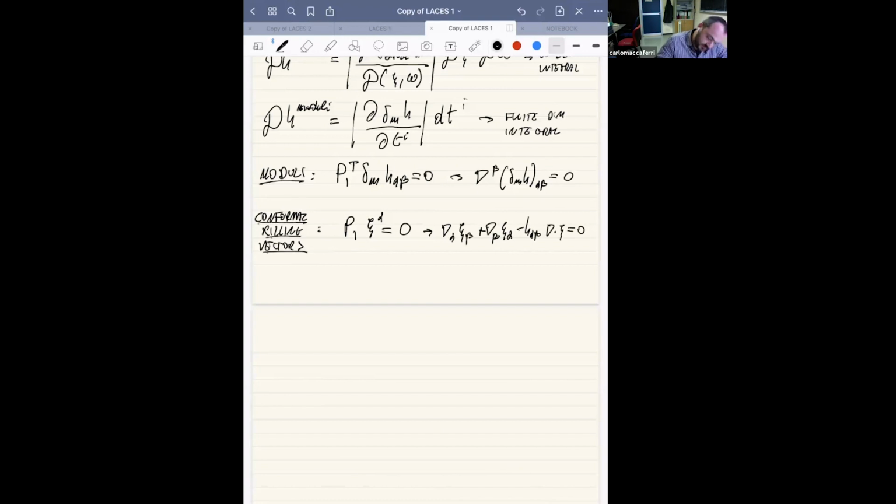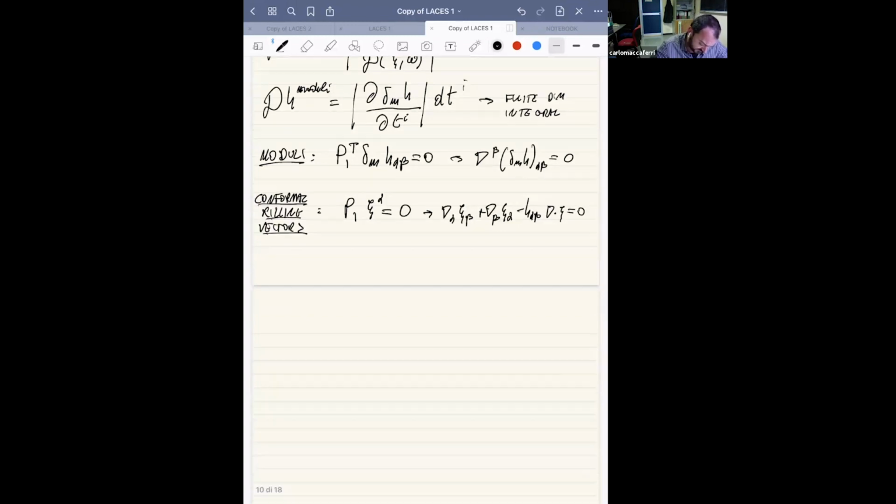Very good. So it turns out that these two vector spaces, the kernel of P1 transpose and the kernel of P1, are related.